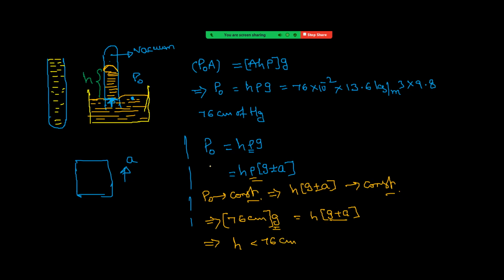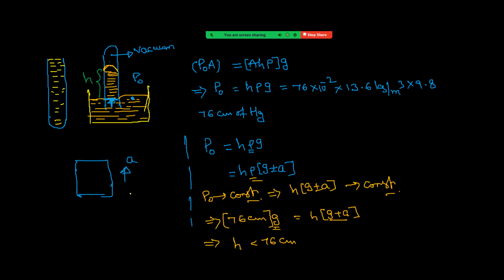Right? So P naught is constant. Therefore, H into (g plus a) is a constant. First case, 76 into g is equal to now H value into (g plus a). From this, what we can say? This value is more, so the H value must be less than 76. For example, in the same problem, if it is moving up with decreasing speed, it means acceleration is down.